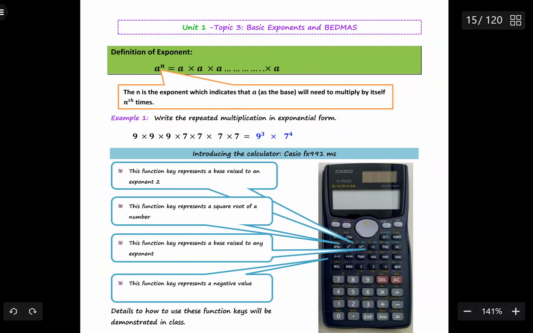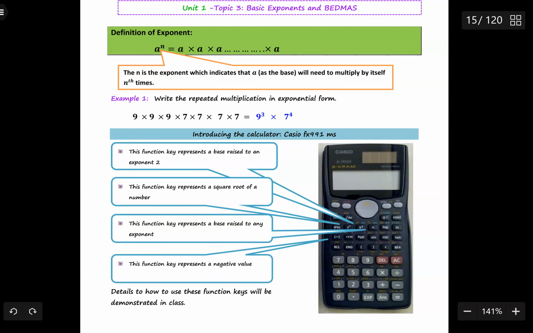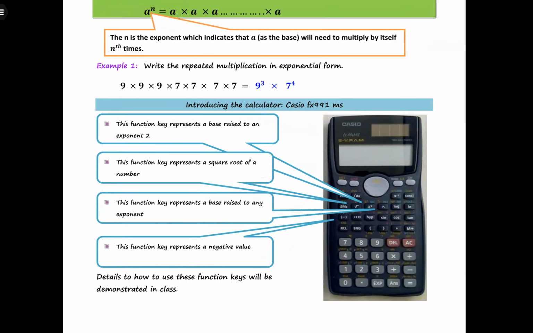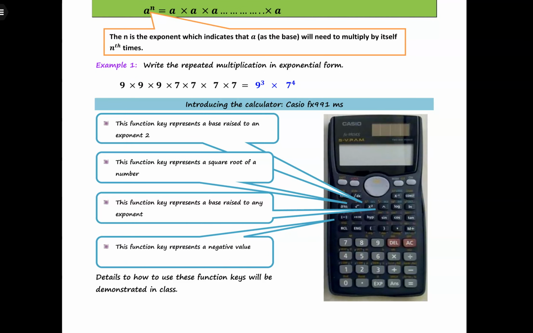I would like everyone to pay attention to the calculator. In this Math 1040, I strongly recommend that everyone use the Casio FX991MS. However, it doesn't matter.